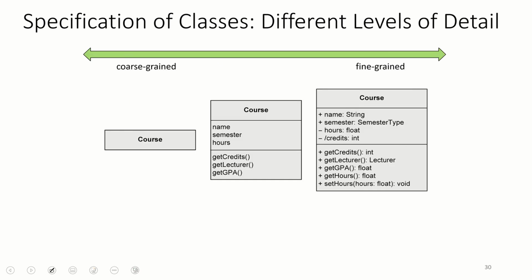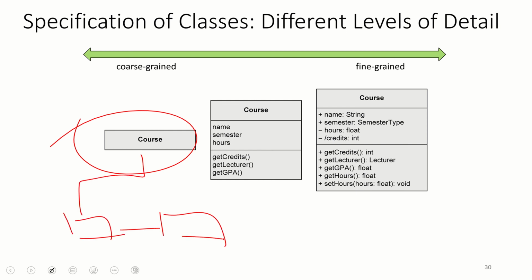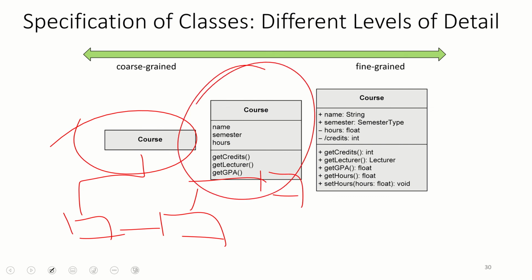Okay, so there are different levels of detail when we create a class diagram. It depends on your specification requirement. In some big pictures, we only use the class name to give a big picture. For example, maybe this one linked to that one is the big picture. But most of the time we use this one.